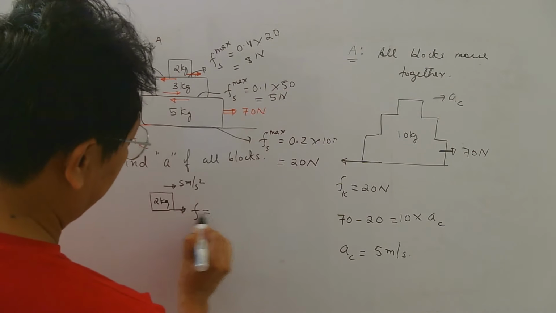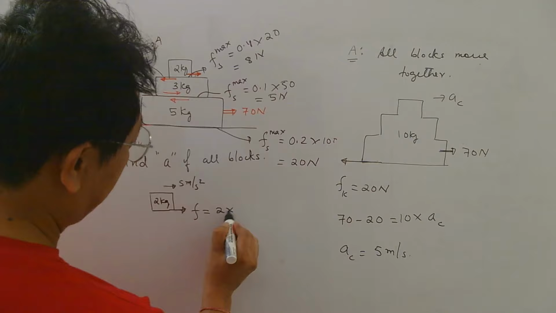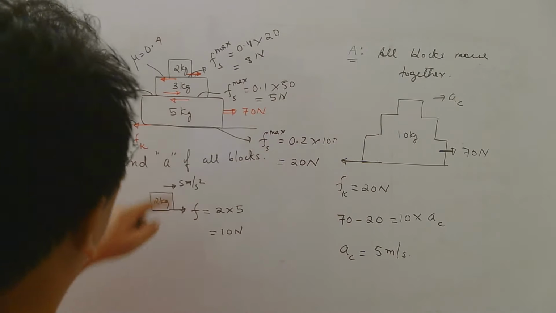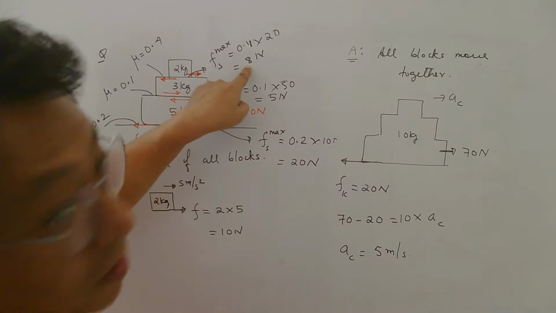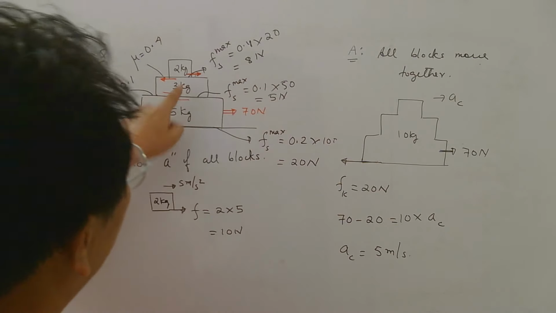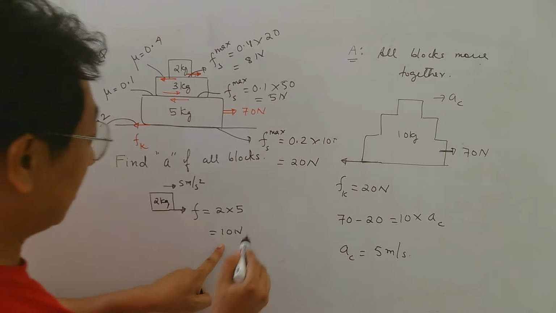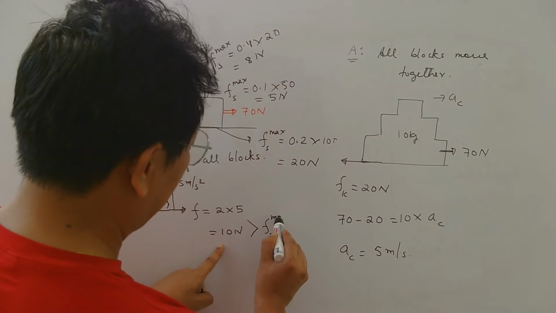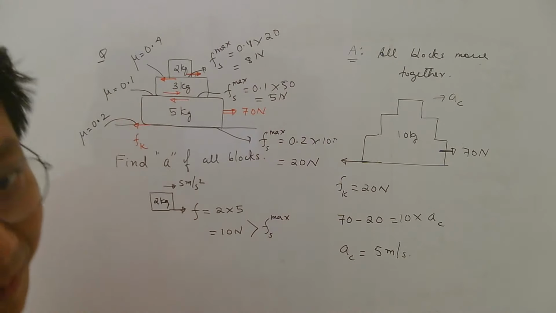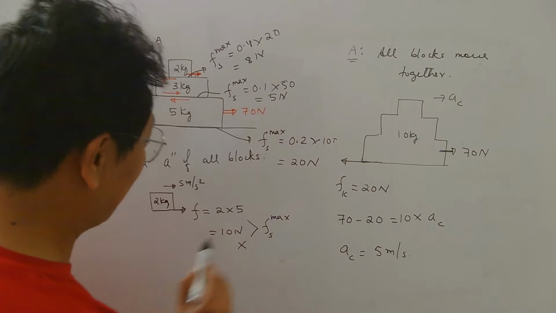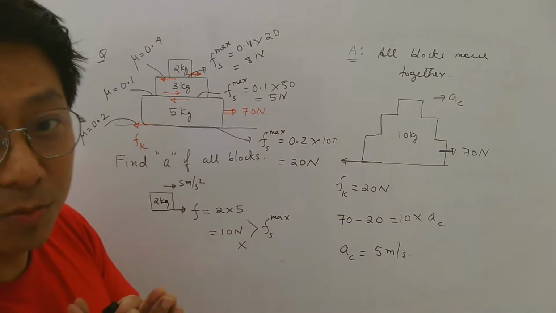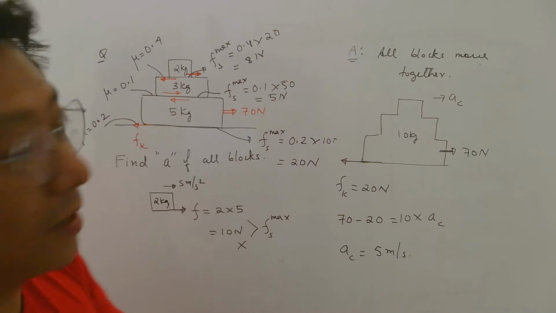And that friction force will be m into a, Newton's second law, that is 10 Newton. Now check. Here what is the maximum static friction? 8 Newton. Here you need 10 Newton. That means this is greater than Fs max. You can never be greater than maximum value. So this is not possible. So our assumption that all the blocks move together is not correct.